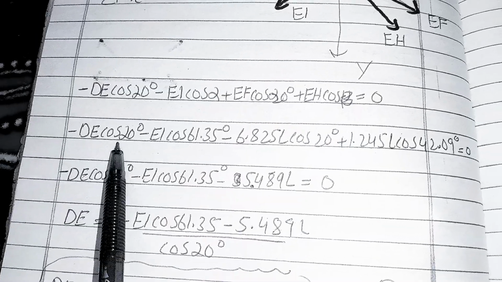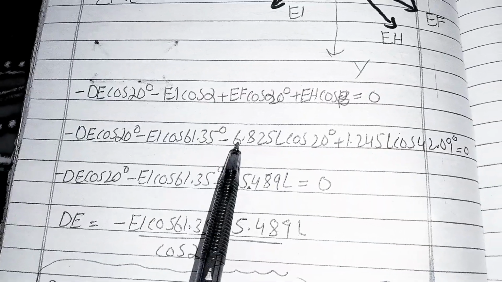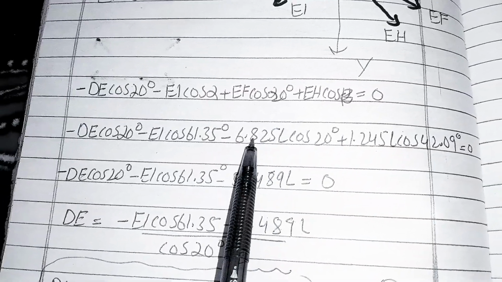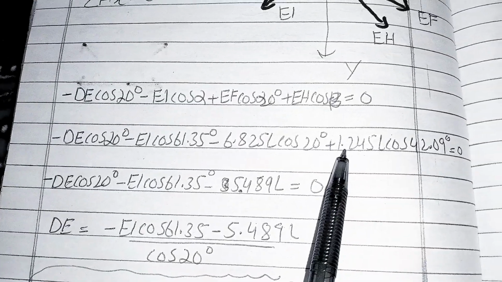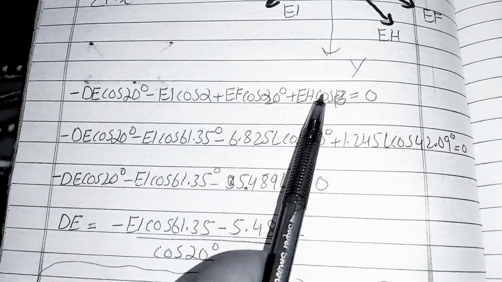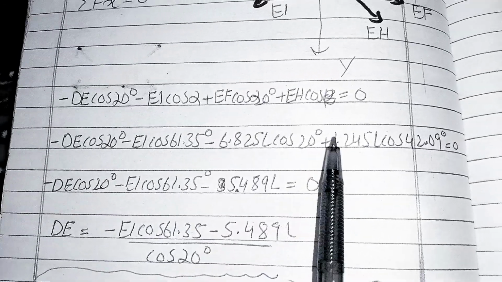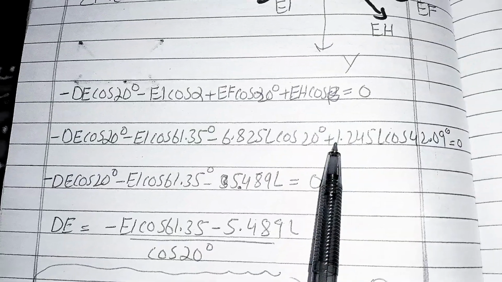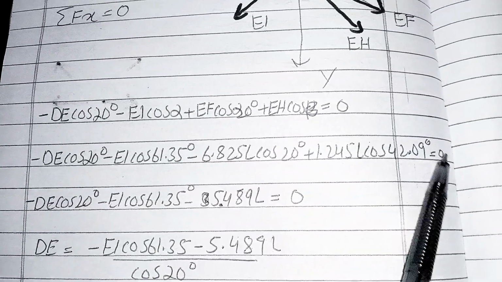So negative DE cos 20 degree, negative EI cos 61.35, negative 6.825 L cos 20 degree, plus, I will put all the known values: EH has value 1.245 cos 42.09, equal to 0.